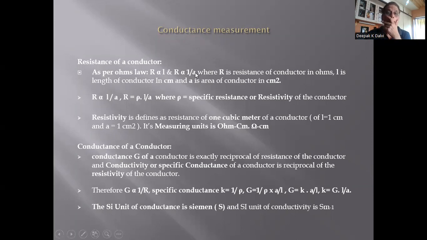So finally, we get the equation R = ρL/A. Here rho is called the specific resistance or resistivity of the conductor.